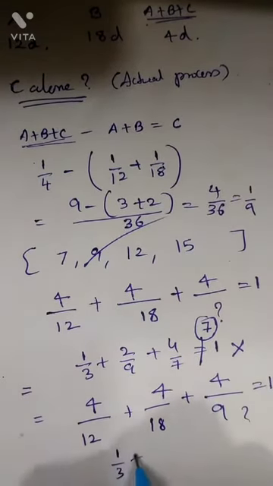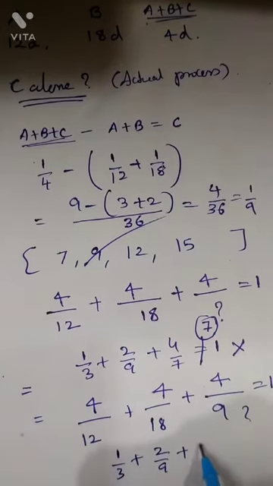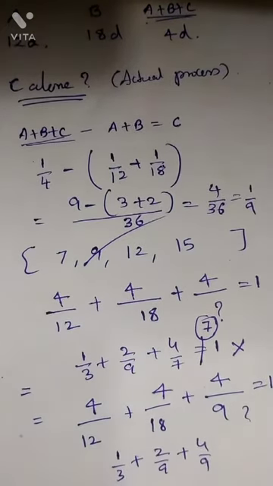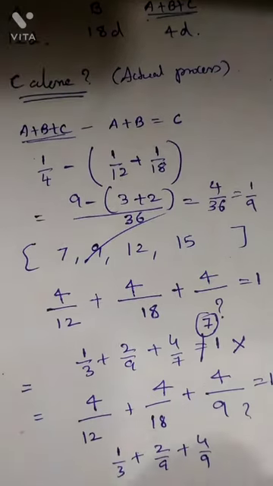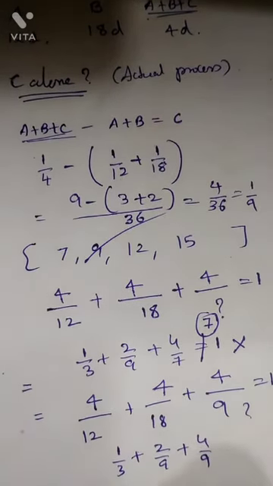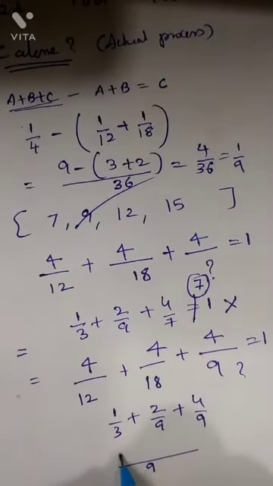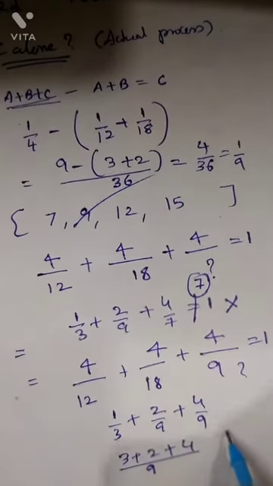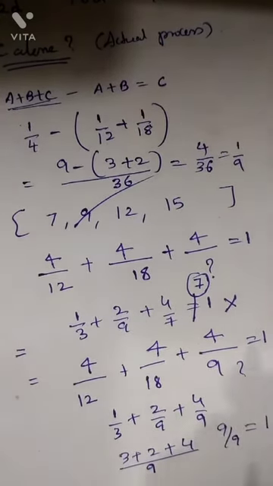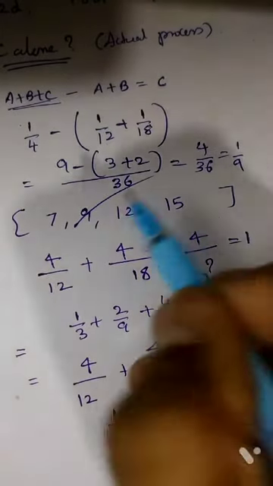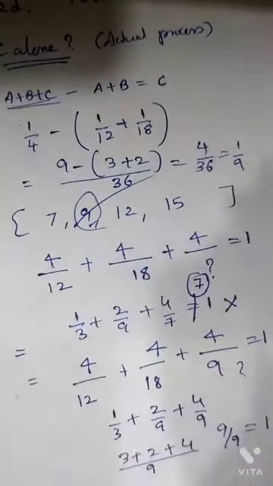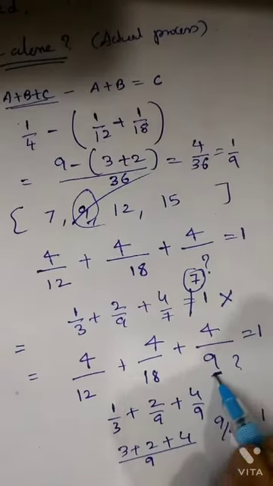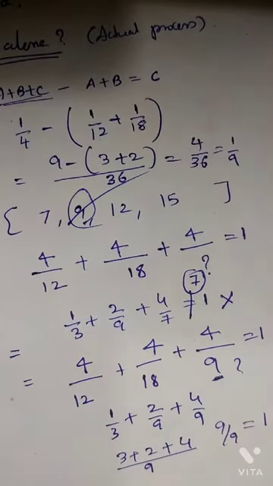This is 1 by 3 plus 2 by 9 plus 4 by 9. If I take the LCM, dear students, 9 is the LCM. 3 3s are 9 plus 2 plus 4. So 9 by 9 equal to 1. I wanted to say option 2, 9, is the right answer. So by just putting the option in the denominator for C alone, we can tell the answer.